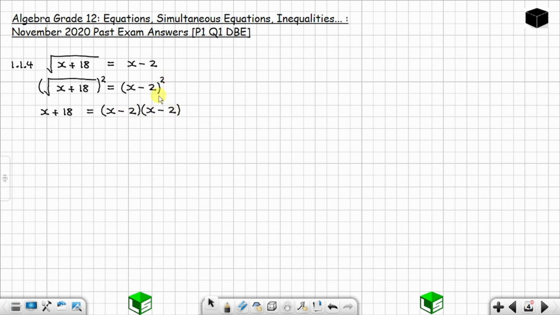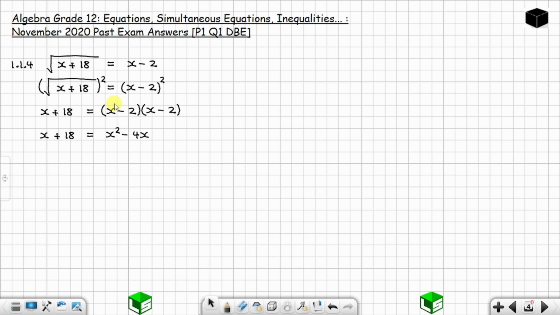And so you have x plus 18 is equal to x times x, this is x squared, and x times negative 2, this is negative 2x, and then negative 2 times x, this is negative 2x. So negative 2x minus 2x is going to be negative 4x, right?